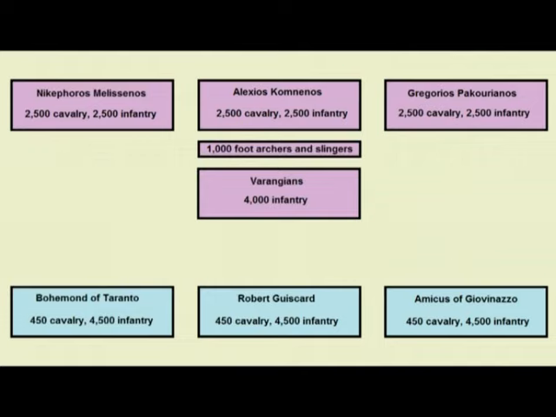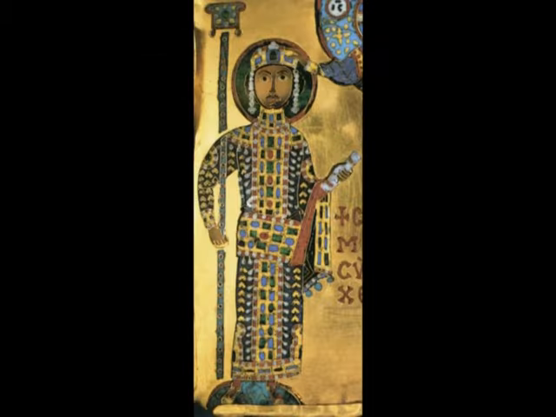I really wanted to make it simple also in the scheme there, without adding too much. It's a single line, apparently, because who knows? Were you there? This is just the count, but that's all we know. A single line: Robert in the center, Amicus of Giovinazzo on the right, and Bohemond of Taranto on the left.